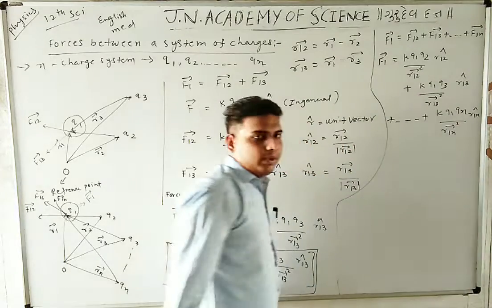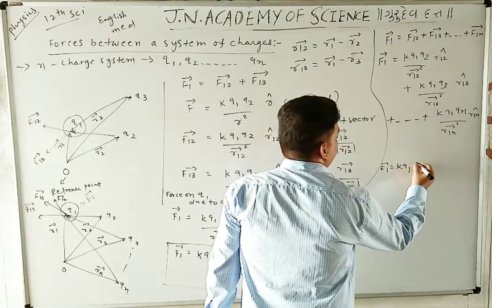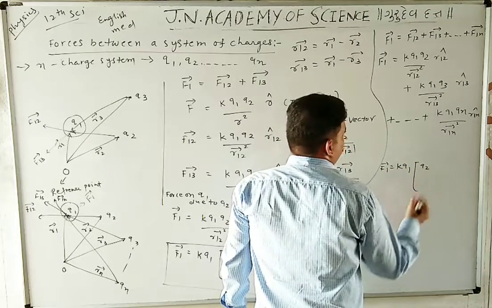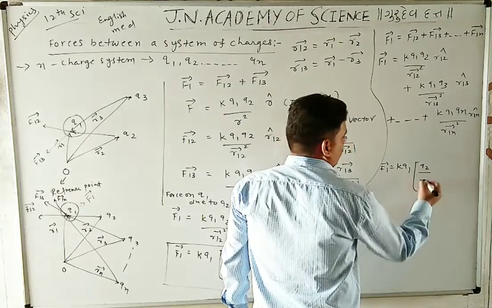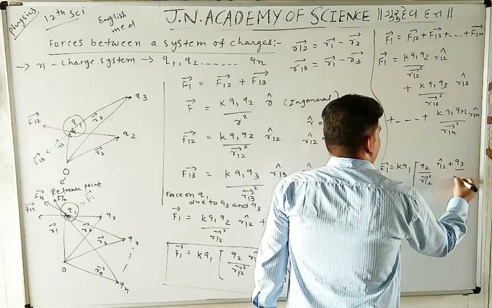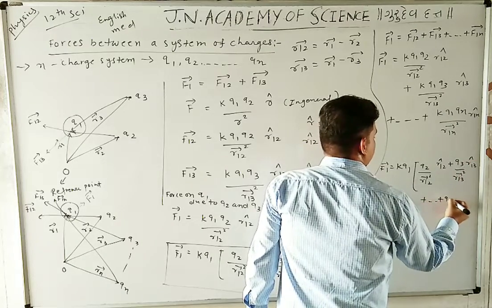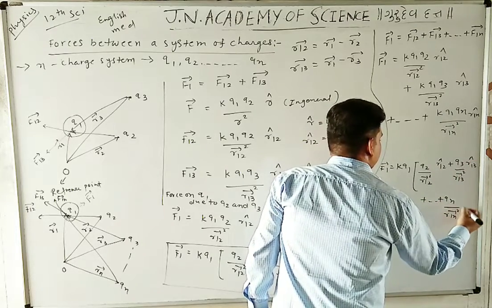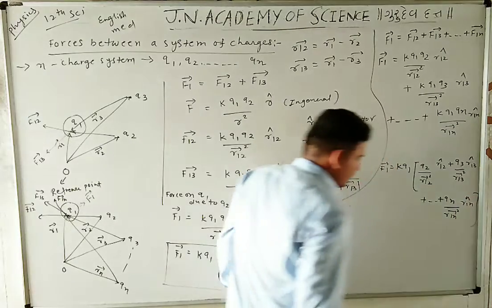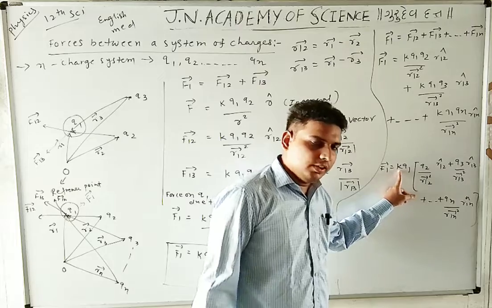So what is common? F1 will be K Q1, and what is remaining in the bracket? Q2 upon R12 square R12 cap, Q3 upon R13 square R13 cap and so on, Qn upon R1n square R1n cap. Now we already know K is 1 upon 4 pi epsilon 0.